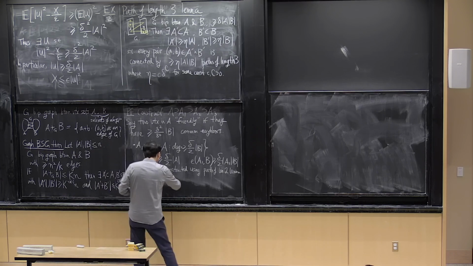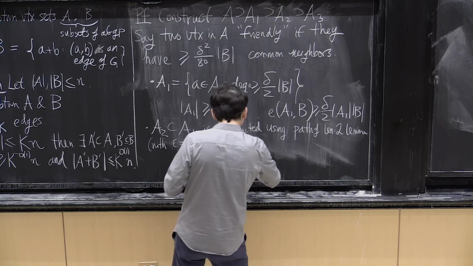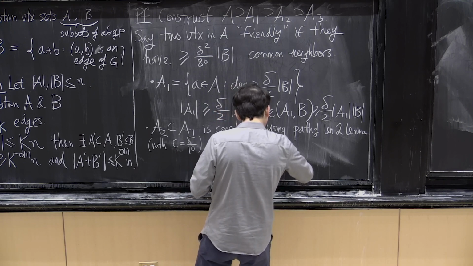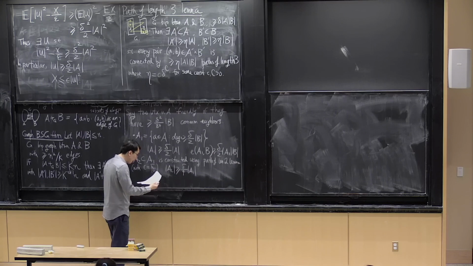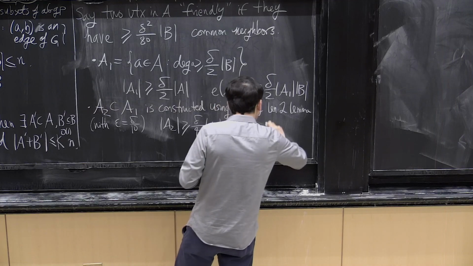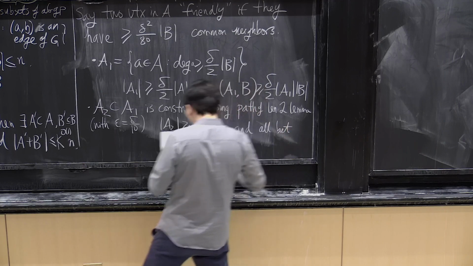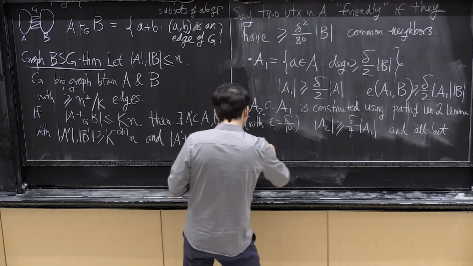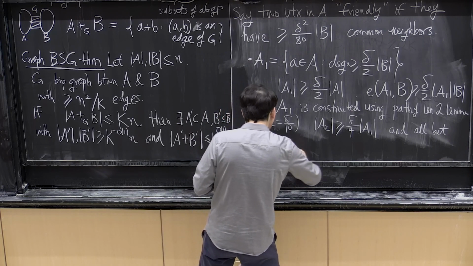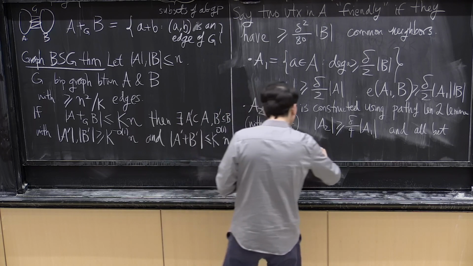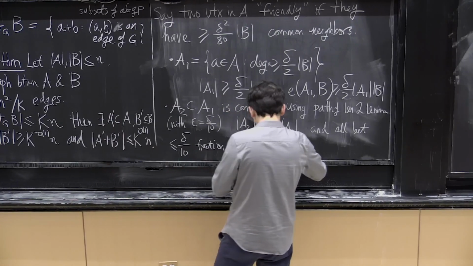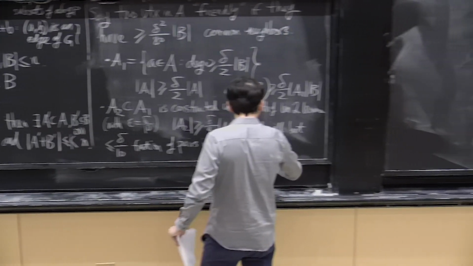And it has the property that A2 is quite large and all but a small fraction of pairs in A2 are friendly.